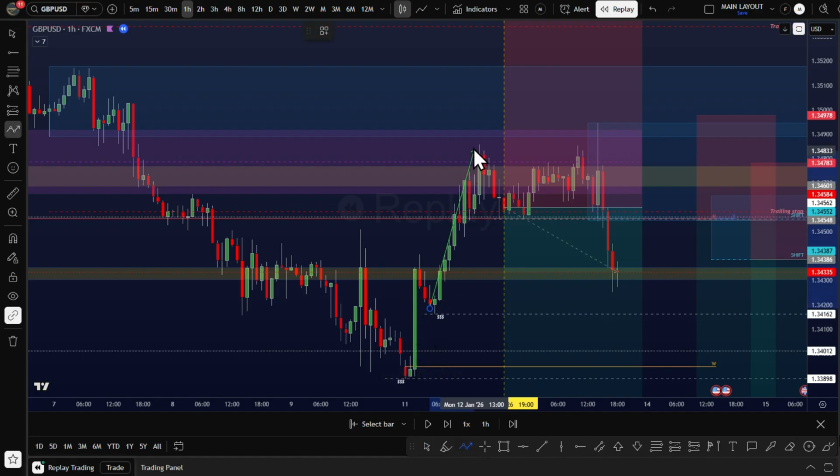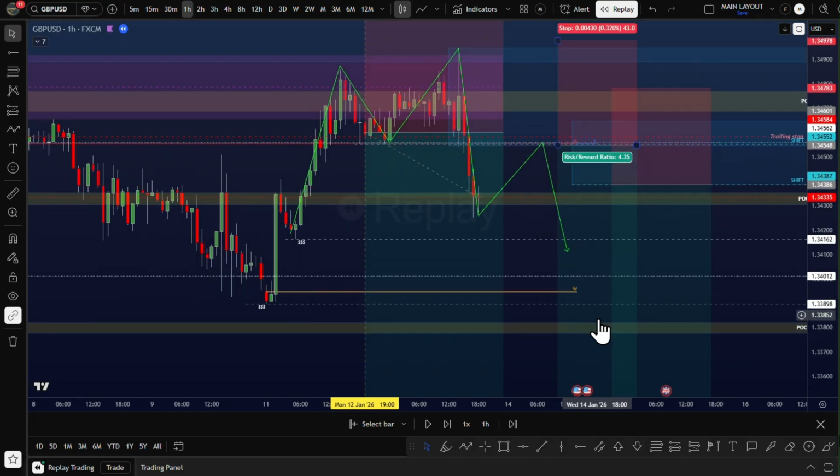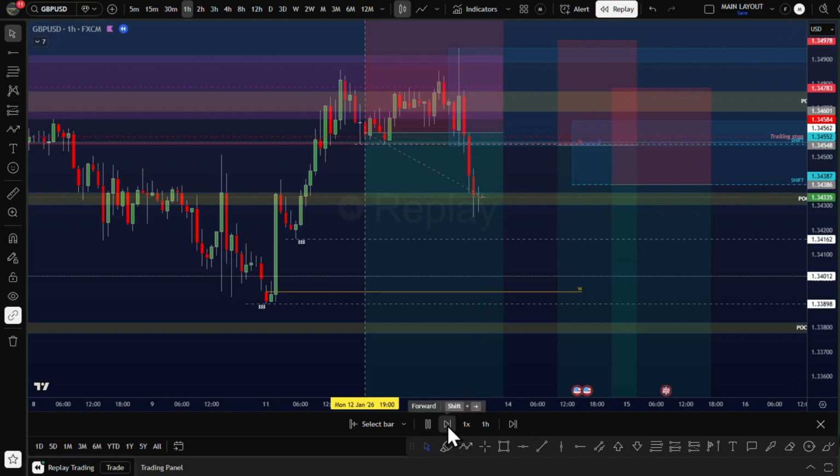You can see this is the structure, we broke this low, and I was waiting for price to return to this zone. I already placed a sell limit order to take another entry with a tighter stop and more risk reward. That's my second position. Let's play it. That's my second entry.